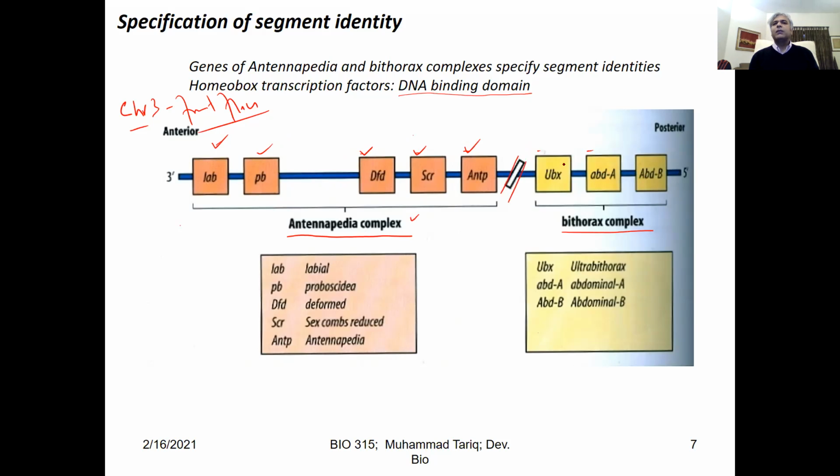In the bithorax complex, the genes are called UBX, Ultrabithorax, abdominal A, abdominal B. And this is the way these genes are organized. So if this is the 5' side of the chromosome and this is the 3' side of the DNA, this is how these genes are organized.